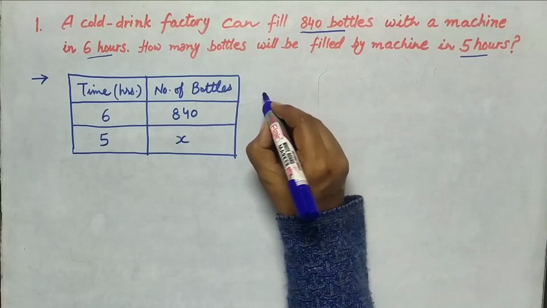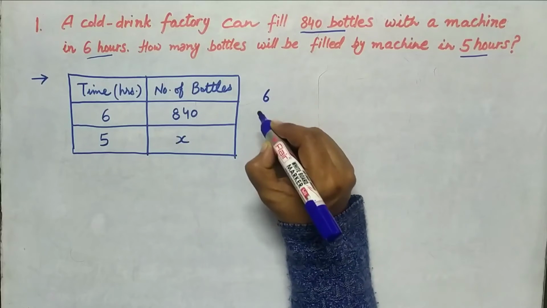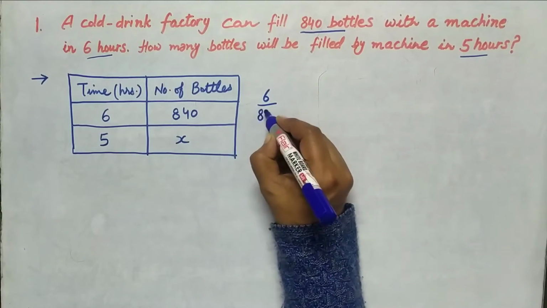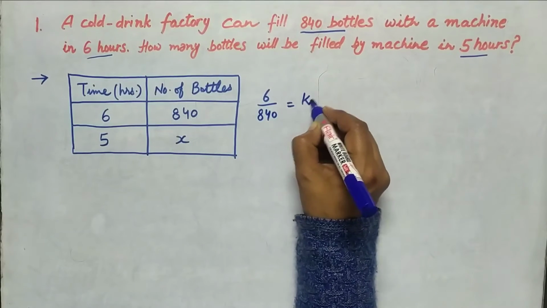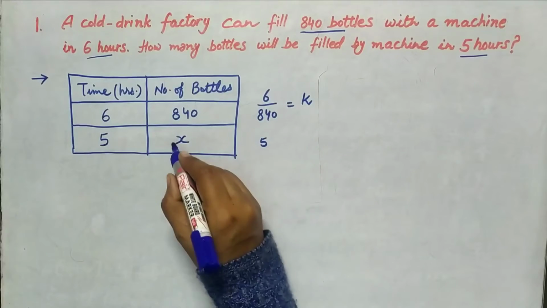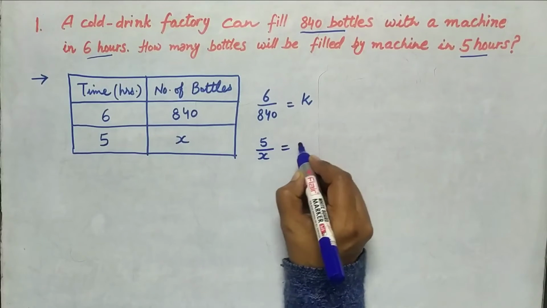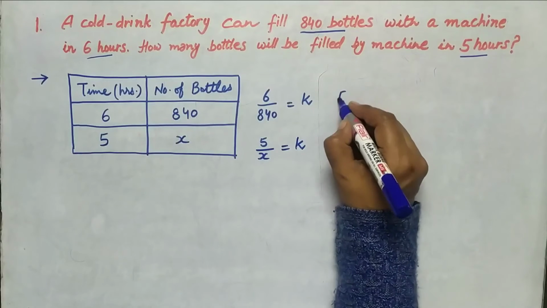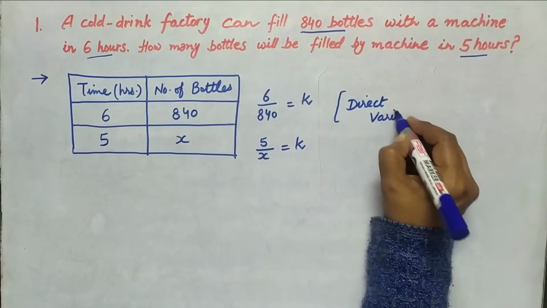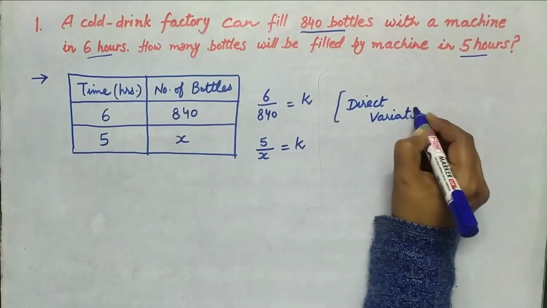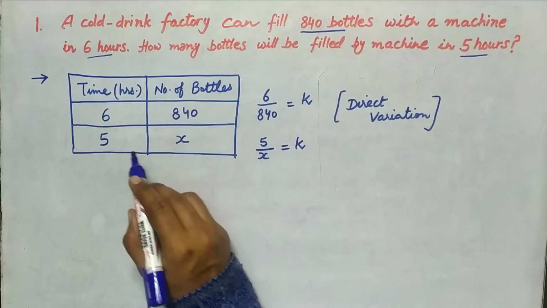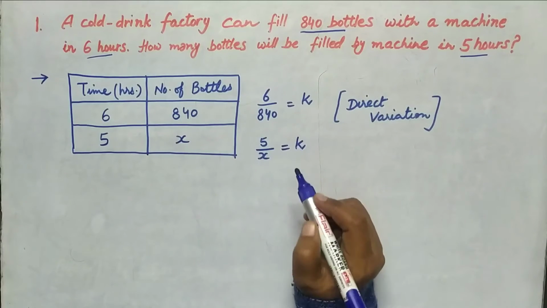We will write number of hours divided by number of bottles is equal to K. Similarly, number of hours for second row divided by number of bottles is equal to K. This was due to direct variation. This is the formula for direct variations. The two values are divided and both equal to K.